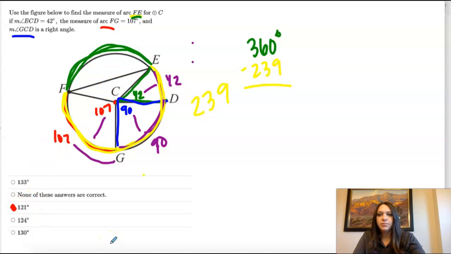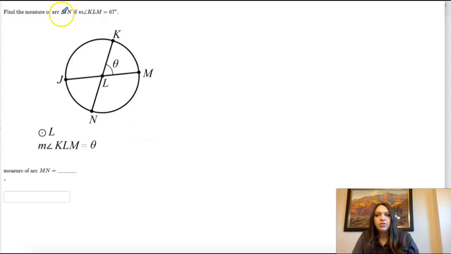All right. So find the measure of arc MN. So I'm trying to find this measure. If the measure of angle KLM is 67, so if this is 67, then the arc length is 67 degrees.